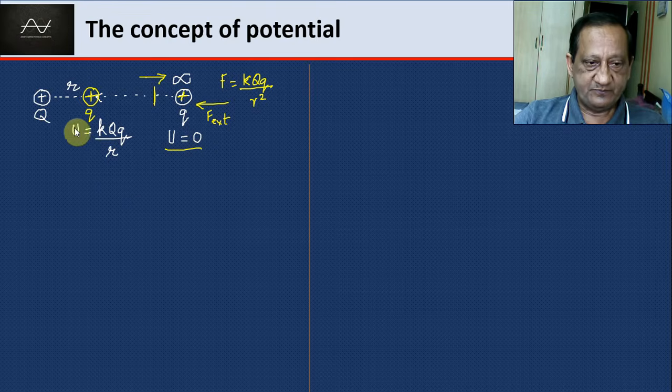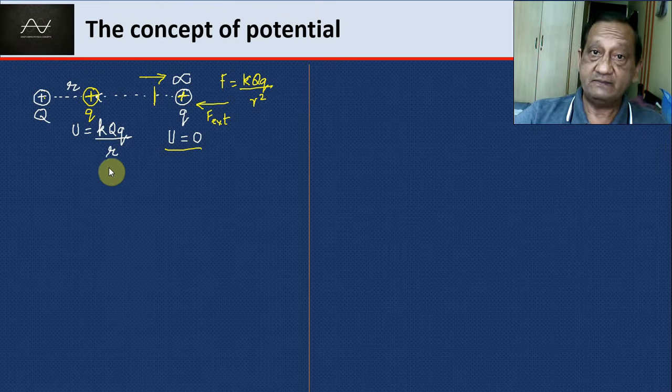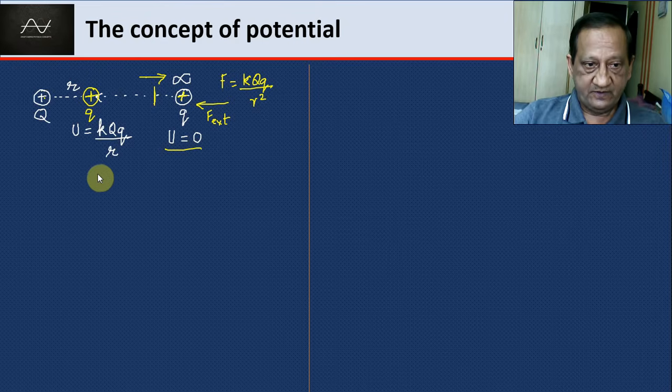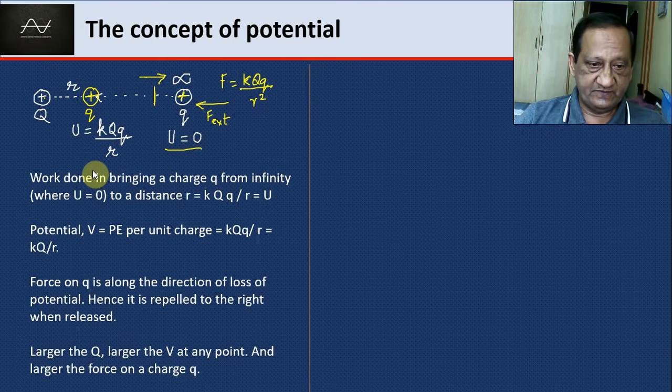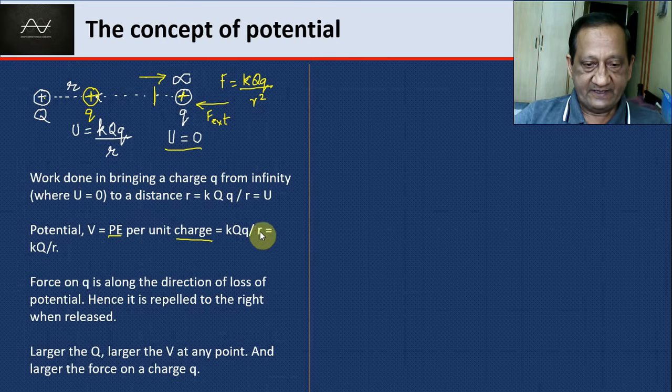So this is the potential energy between two charges kept at a separation R, and that is also the work done by the external agency. Potential in this case is potential energy per unit charge instead of per unit mass. So K Q q by R divided by the charge q gives us KQ by R.